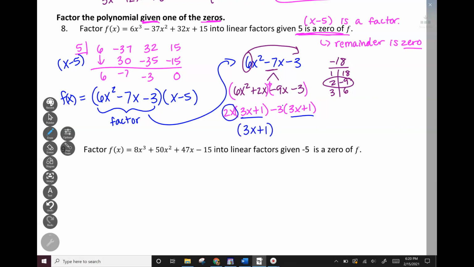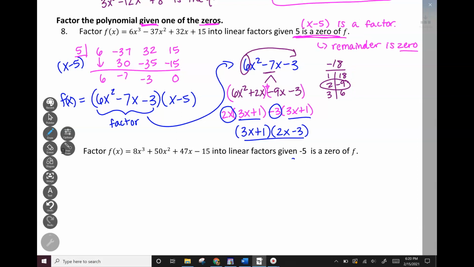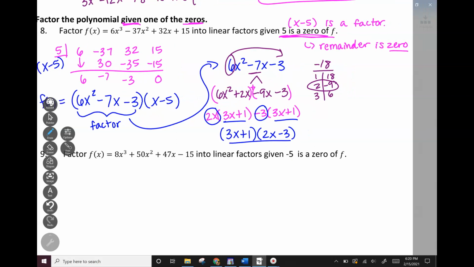And then these two GCFs that you took out, 2x minus 3 is your other factor. Okay, so when I factored the remaining polynomial there, my quotient, I got these two factors. So the total factorization of f of x is going to be those two plus this x minus 5 that we already had.